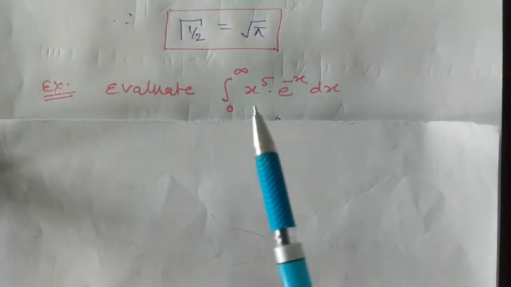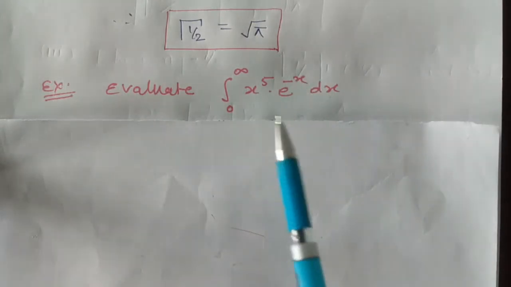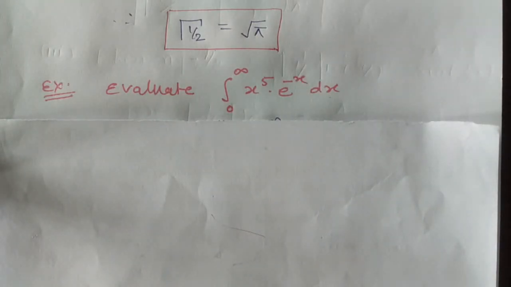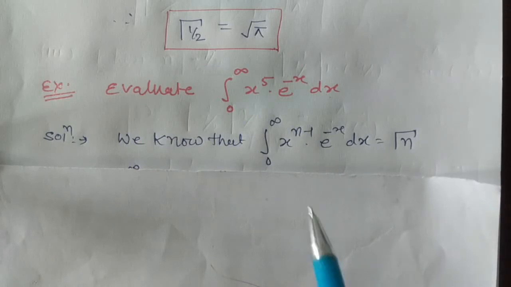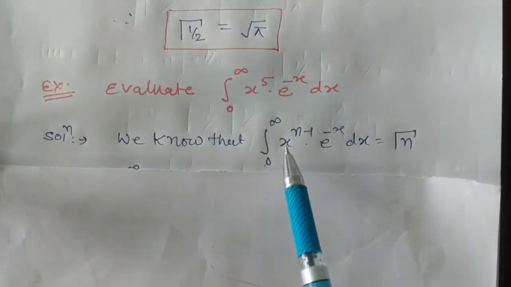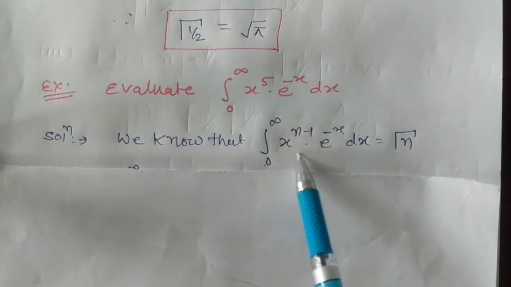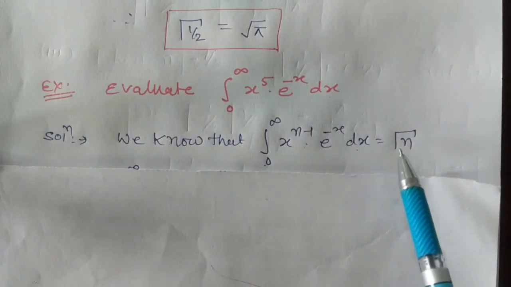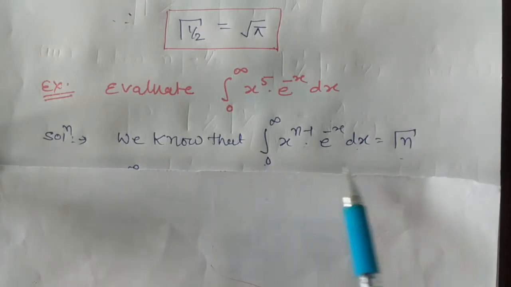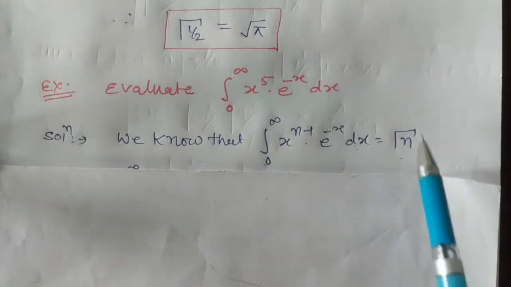Whenever the definite integral contains the exponential term, we use gamma functions to evaluate the integral. So we know that integral 0 to infinity x power n minus 1 into e raised to minus x dx is gamma n. This is the fundamental definition of the gamma function.